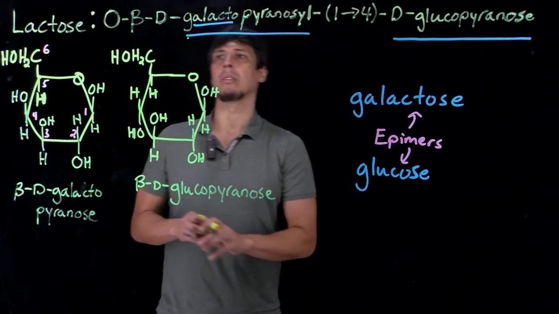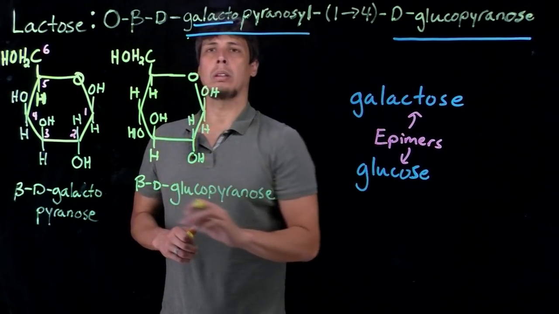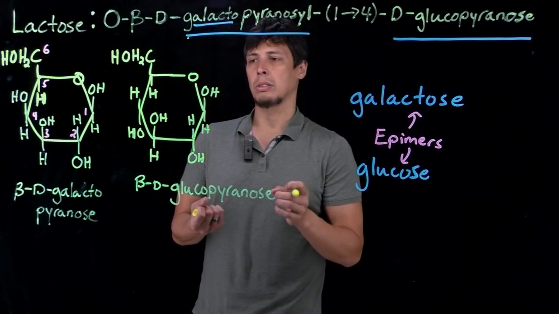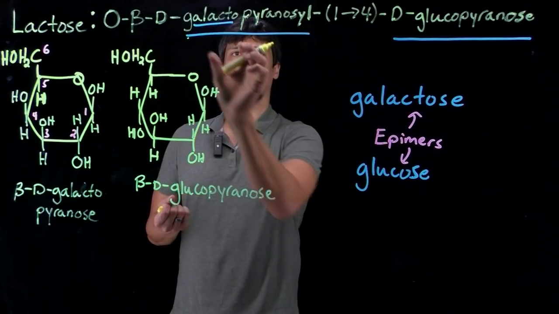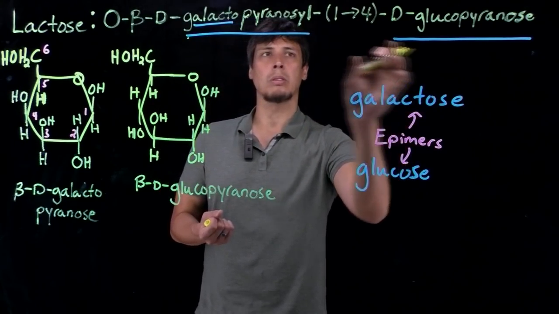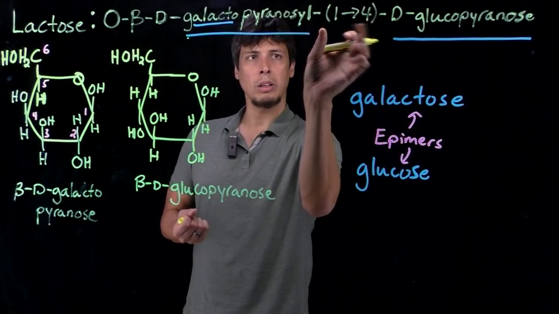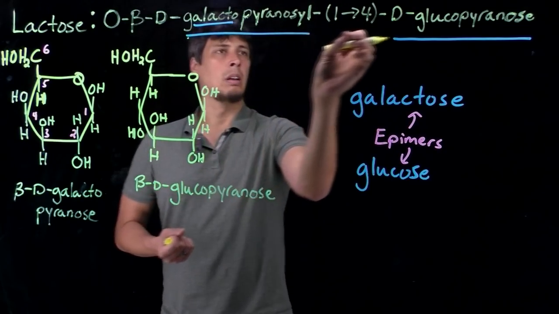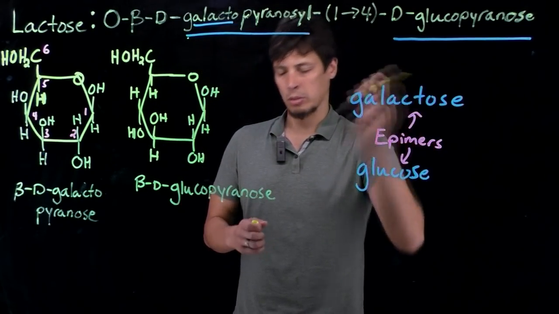And this O indicates that we're linking through an oxygen between the galactopyranose and the glucopyranose. This occurs between the 1 carbon of galactose and the 4 carbon of glucose.